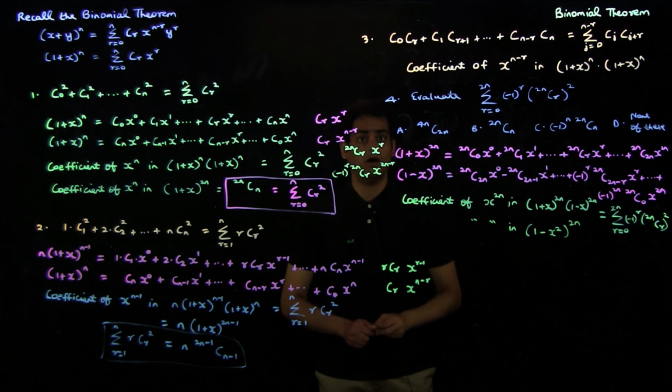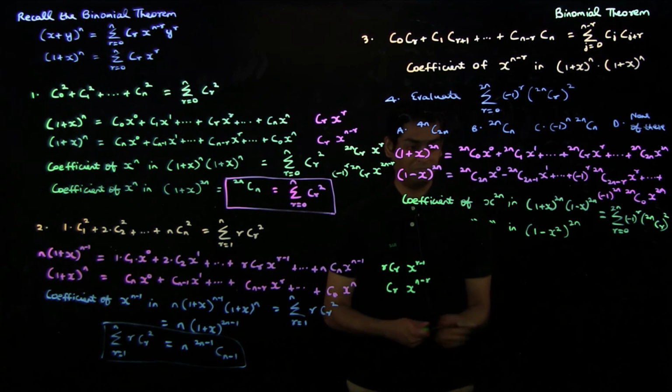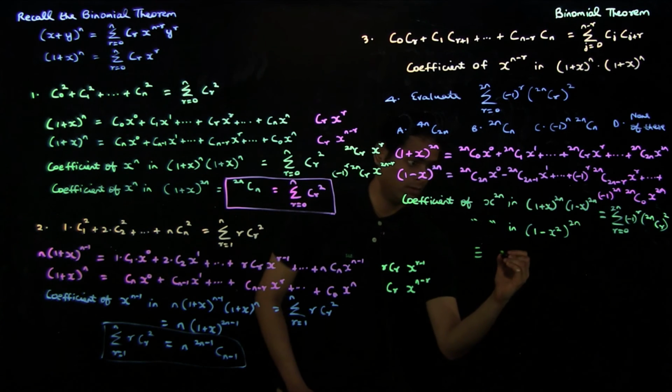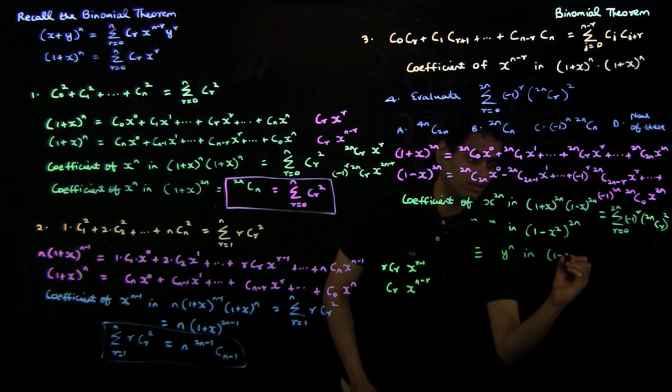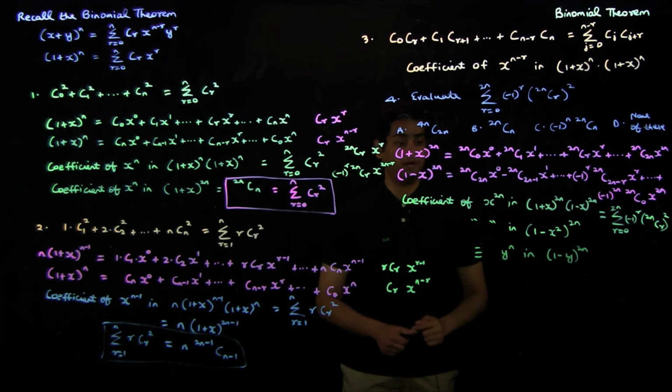So we would like to evaluate the coefficient of x power 2n in this expansion, and this is equivalent to evaluating the coefficient of y power n in 1 minus y whole power 2n, where we've just replaced x square by y.